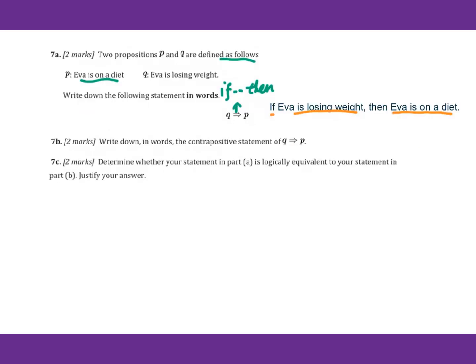7B, write down in words the contrapositive statement of Q implies P. Contrapositive means you do converse and inverse together. Converse means you need to switch. And inverse, this N stands for negation.